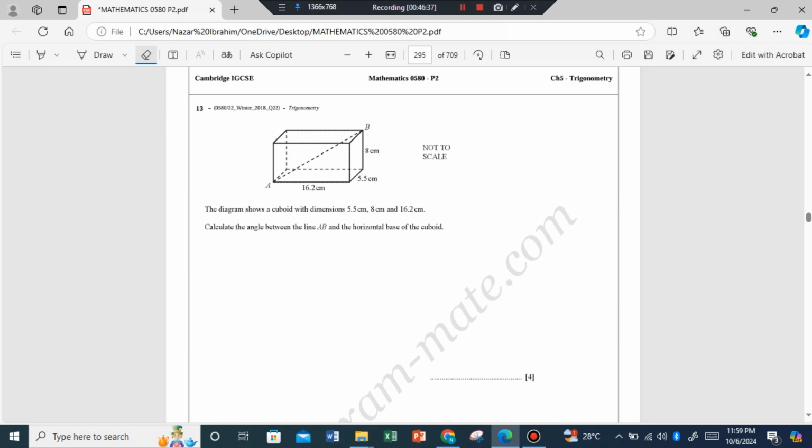in question number 13, we have a cuboid with these three dimensions: 5.5, 8, and 16.2. Calculate the angle between the line AB and the horizontal base of the cuboid. A similar type of question, right? The base of the cuboid will be somewhere here.